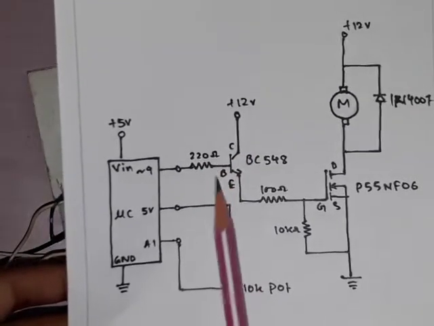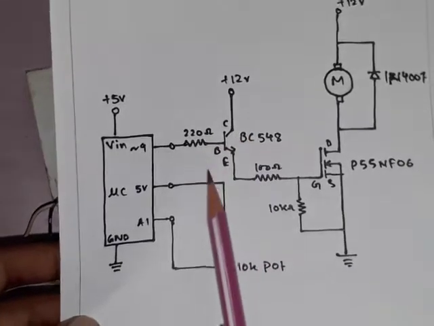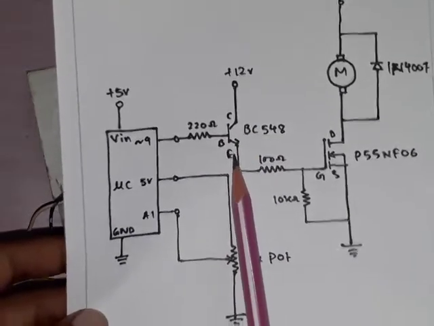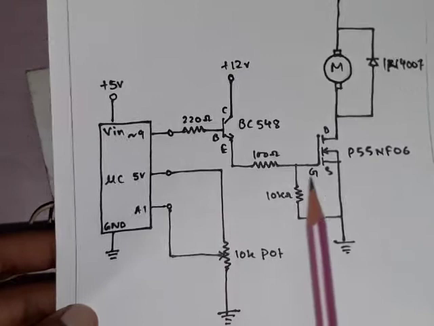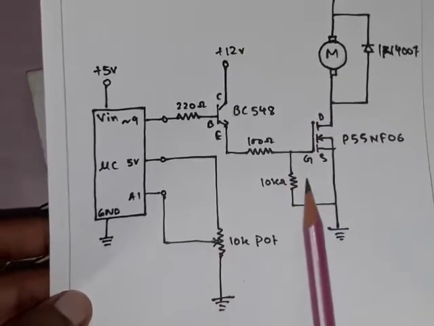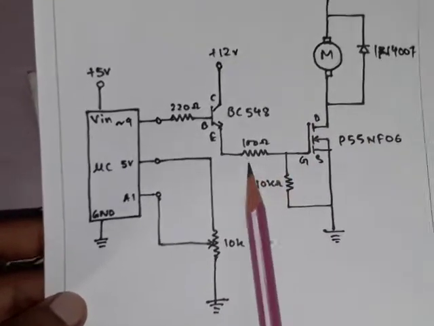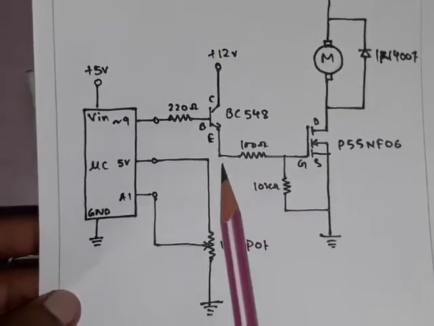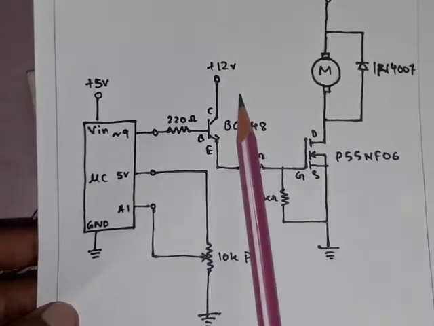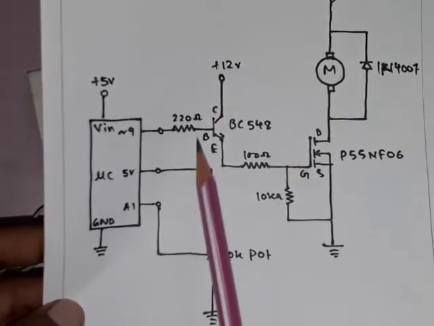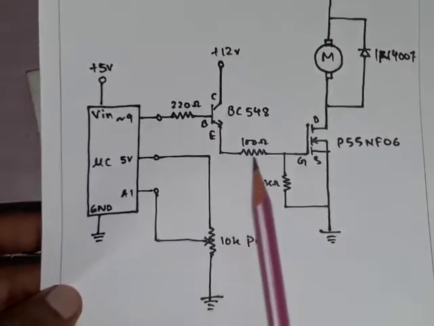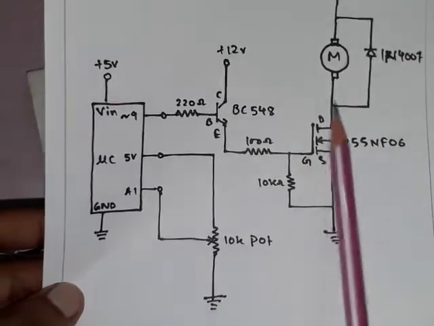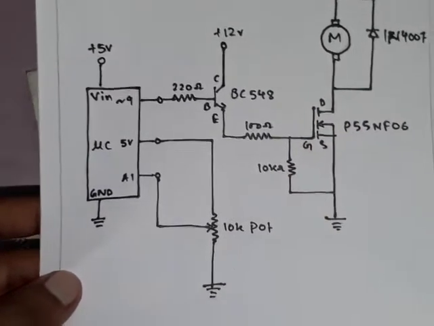The emitter of this transistor is connected to the gate of the N-channel power MOSFET with a current limiting resistor of 100 ohms. So this NPN transistor is basically driving the gate of this power MOSFET.